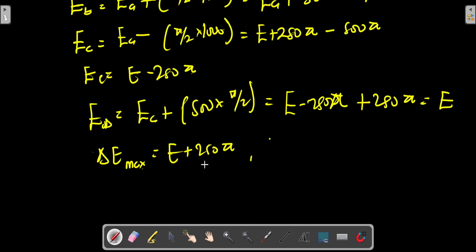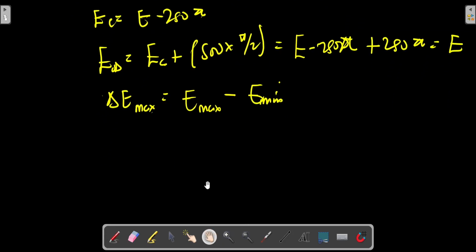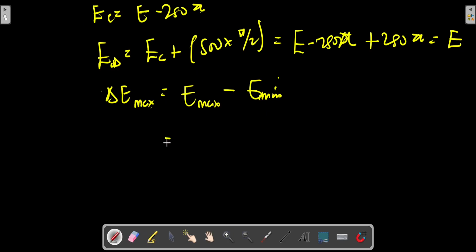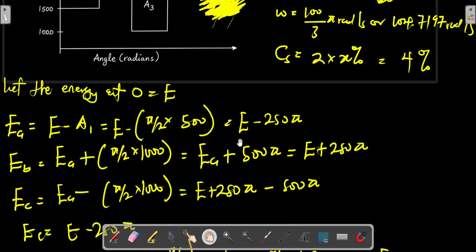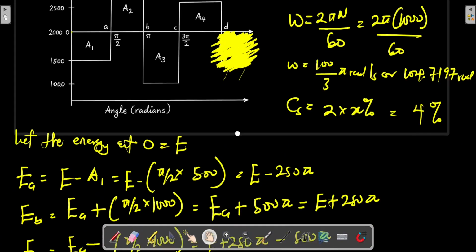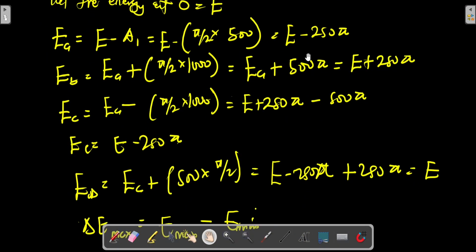So let me write it well here. E max minus E min. E plus 250 pi is the maximum. What is the minimum energy? The minimum energy here is E minus 250 pi.